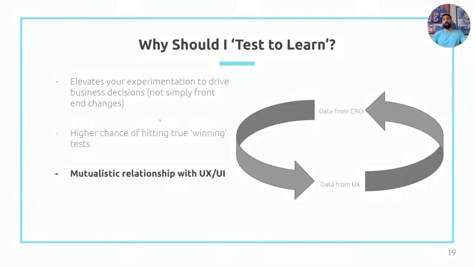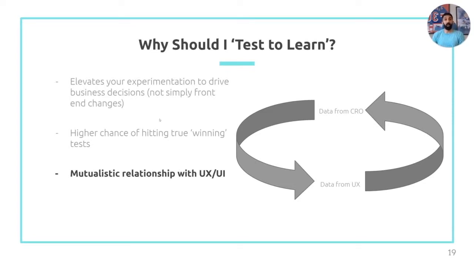And learning is a good segue into the next why should I test to learn? Because as you run these tests, you generate insights. As you generate these insights, it ripples into a lot of functions, like I mentioned before. But specifically, when you feed these insights into UX, it's almost like free research for the UX team, for them to know, okay, I need to focus a little bit more on this, or we need to not focus on this, or it opens up more questions for them to do deeper research into.